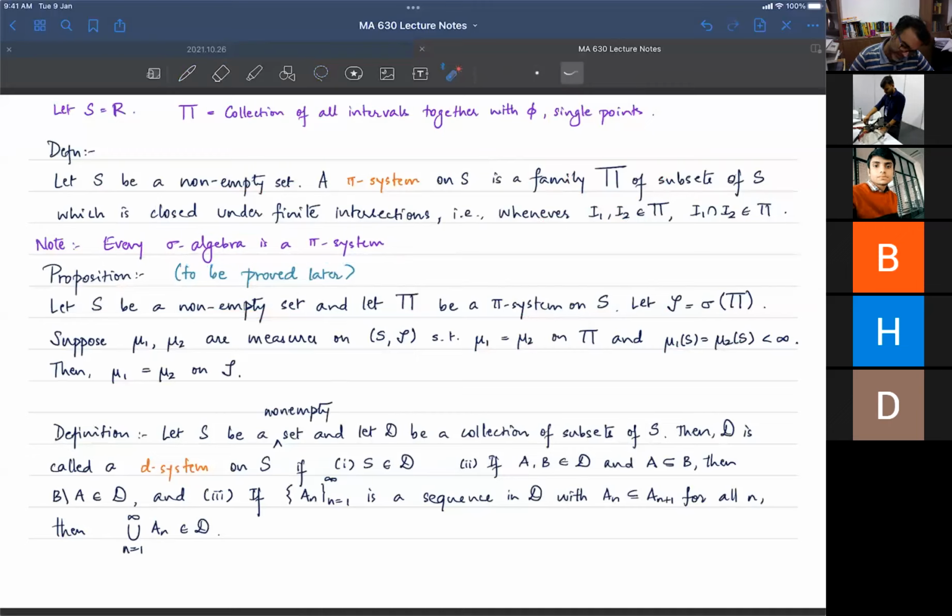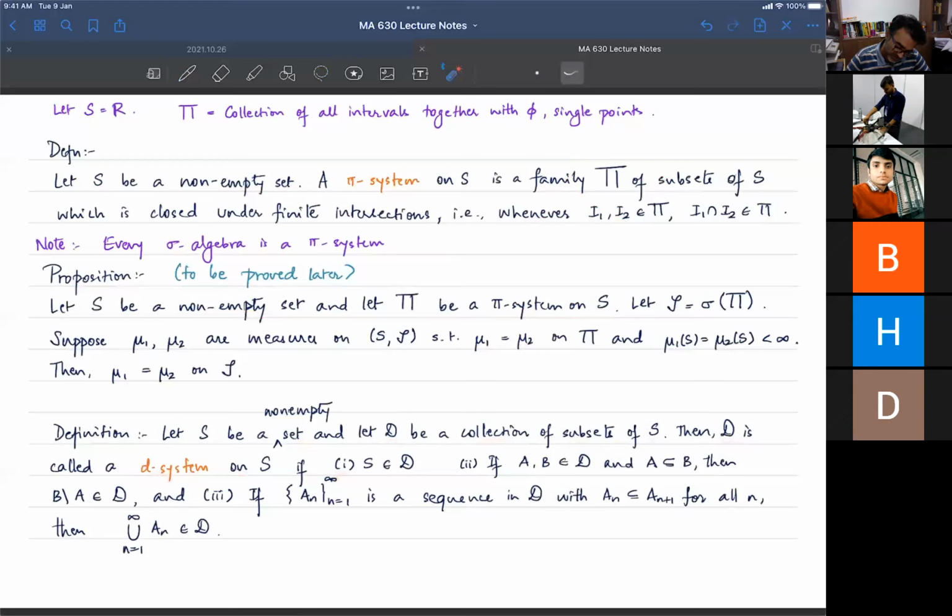Let's define that. So let S be a non-empty set, and let script D be a collection of subsets of S. All right. Now I will say that script D is a D system on S if the following things are true.